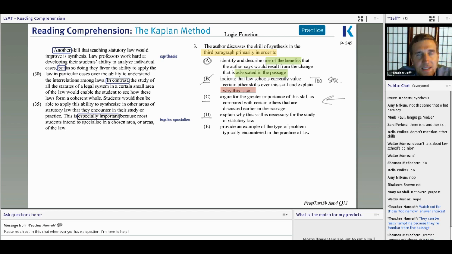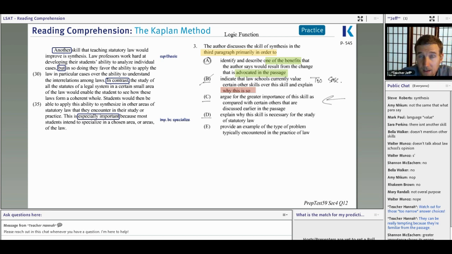Yeah, you've seen multiple times now where the test makers have given you answers that say that statutory law has more importance than case law. The author is not pushing that. The author is pushing that statutory law should be included, right? But it's the same trap that test makers are giving you again and again and again.